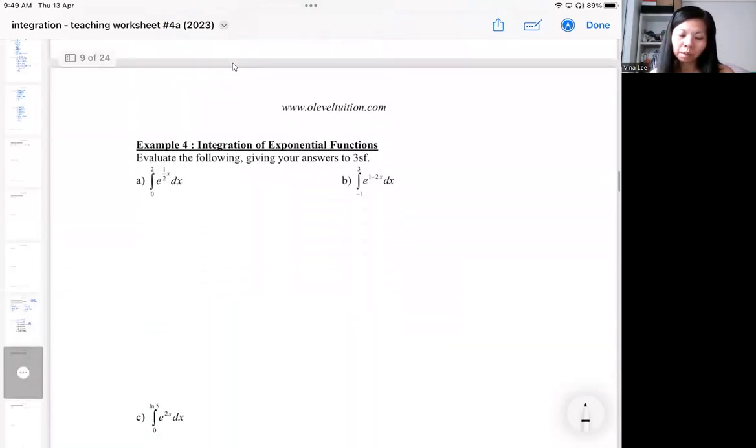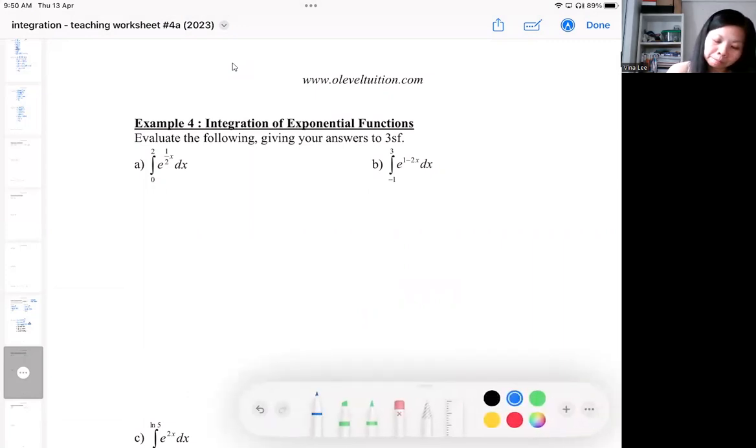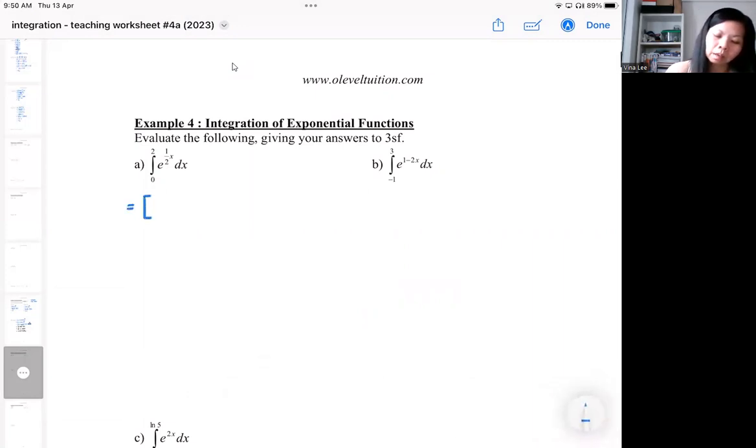In the next example, we are integrating the exponential. So go back to your integration of exponential formula. In this case, I will be doing 1 over a, e to the power ax plus b. So I do my integration, I simplify my integration, then I do a top minus bottom.